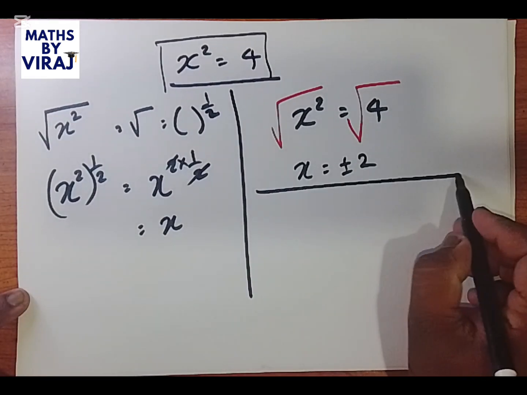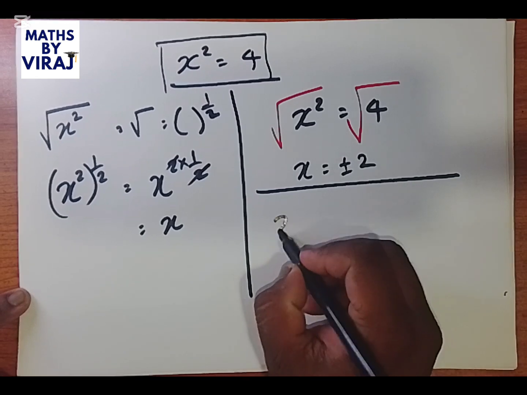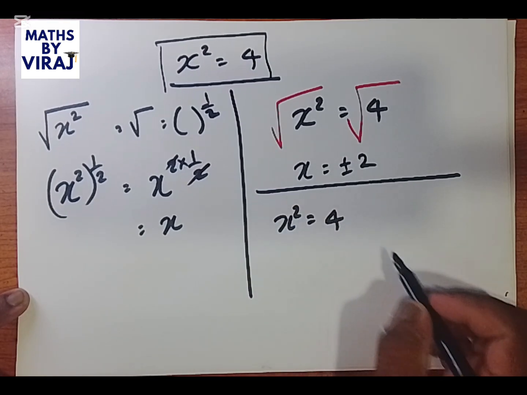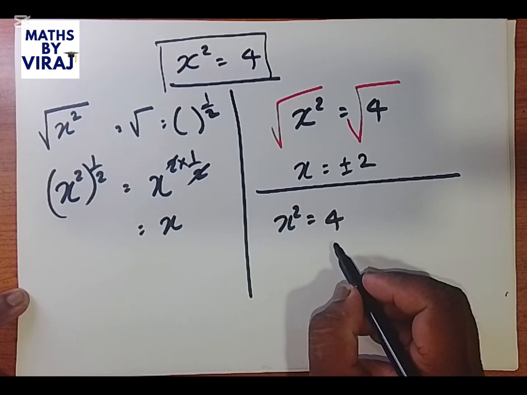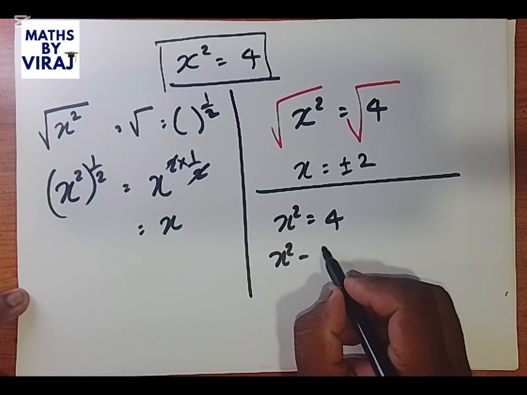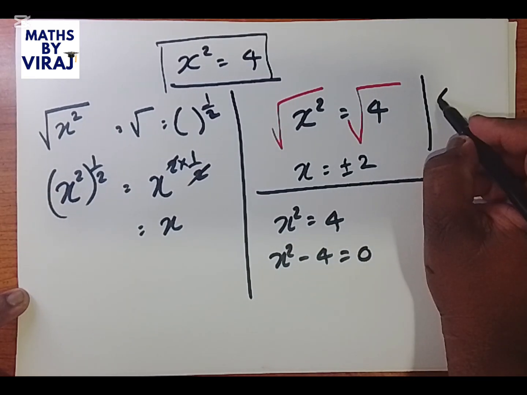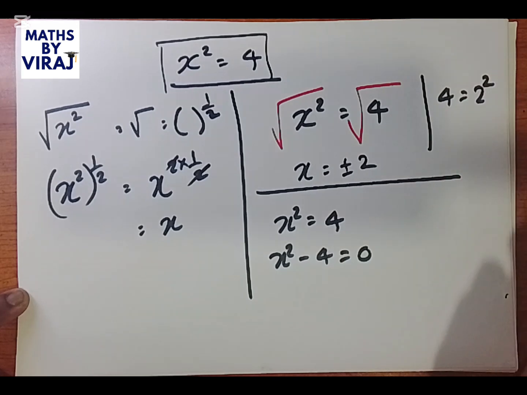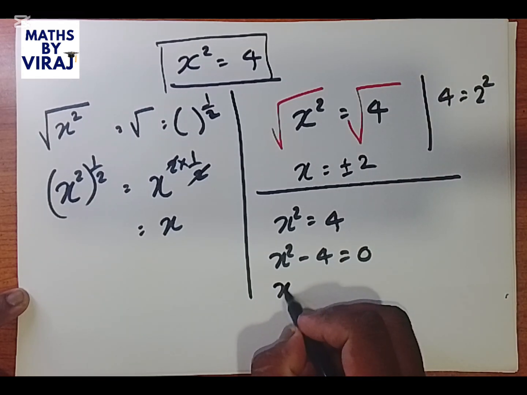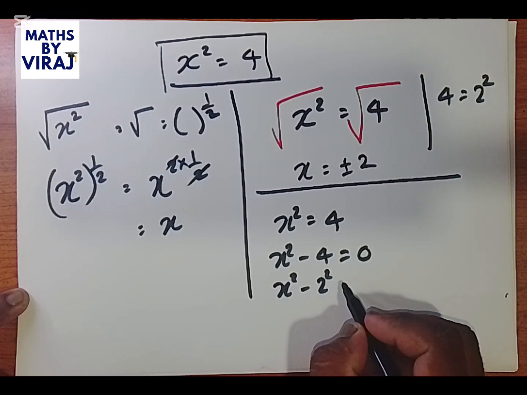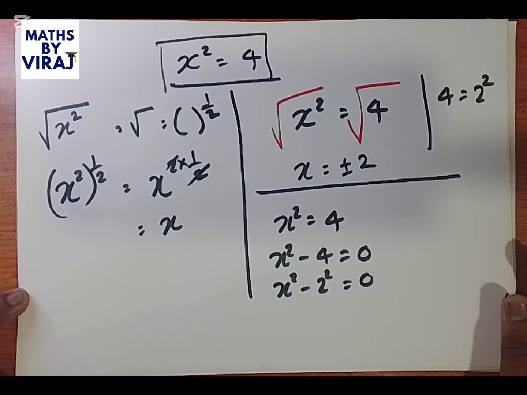It is easy. x squared is equal to 4. I can rewrite this as x squared minus 4 is equal to 0. We know that 4 is equal to 2 squared. Therein, I can write this as x squared minus 2 squared is equal to 0.